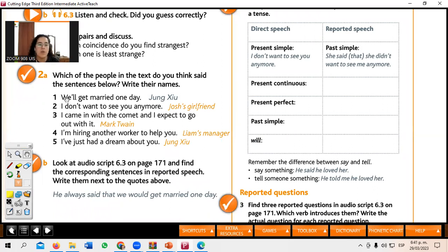For example, we'll get married one day, and we report it as: He always said that we would get married one day, okay? So this is the original sentence, and the reported speech is, he always said that we would get married one day, okay?